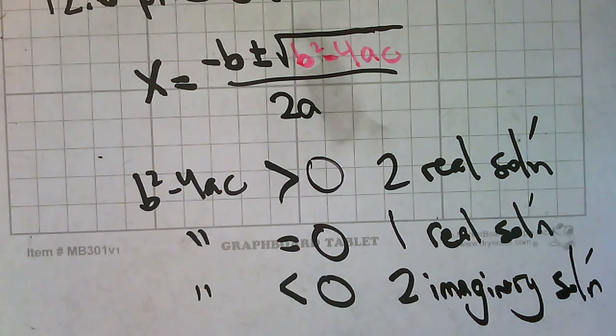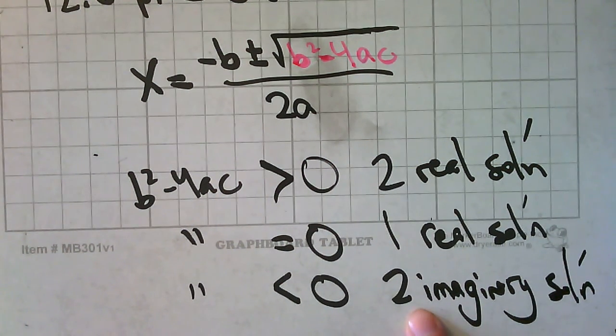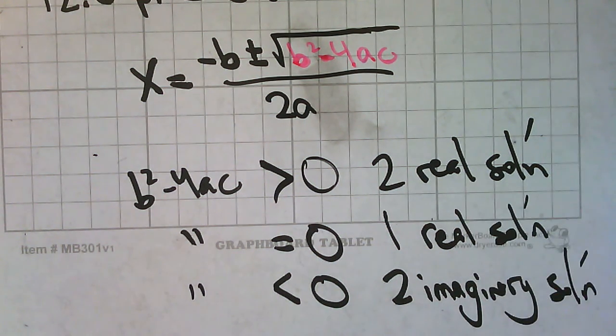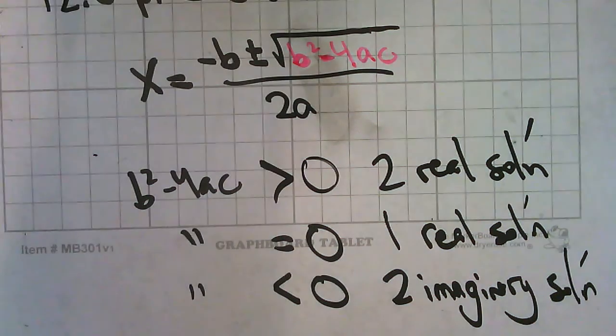Sometimes, if it's asking you for your real solutions, this will be no real solutions. So no real solutions or 2 imaginary solutions, 1 real solution or 2 real solutions. We're going to go over a couple examples of this today.